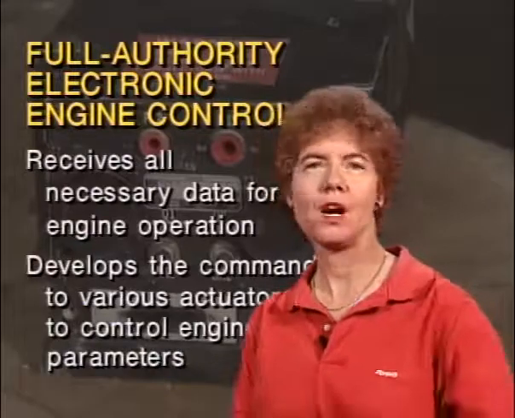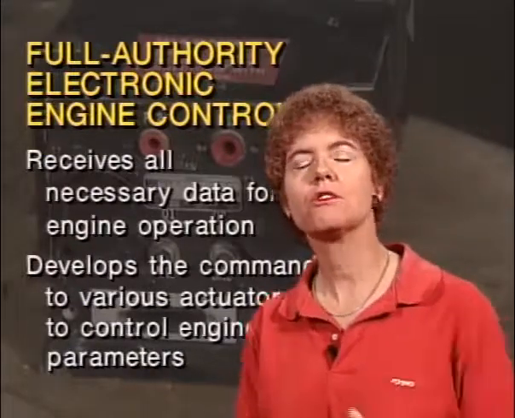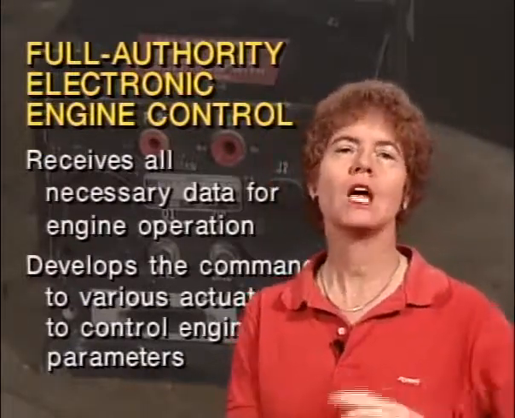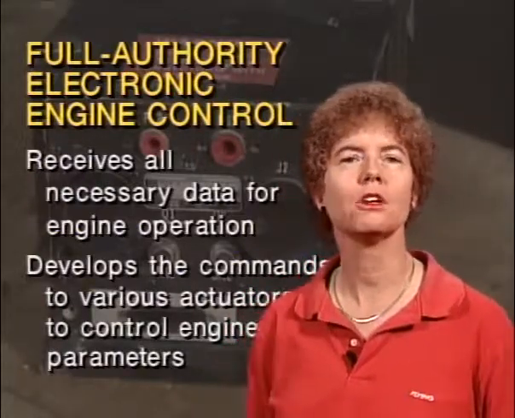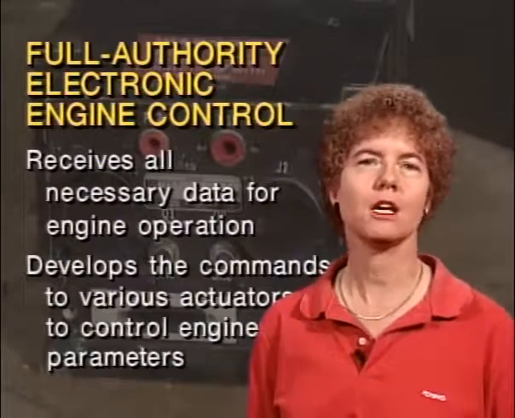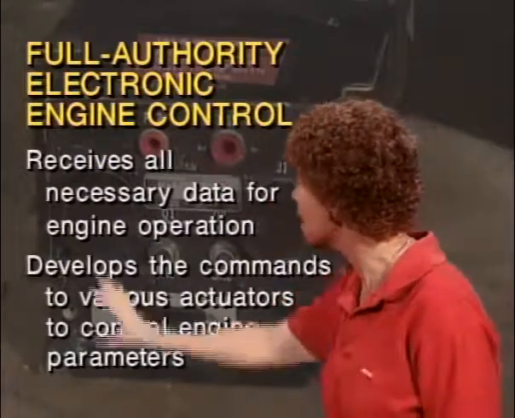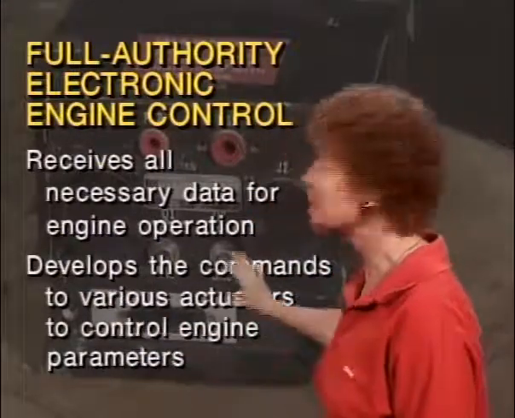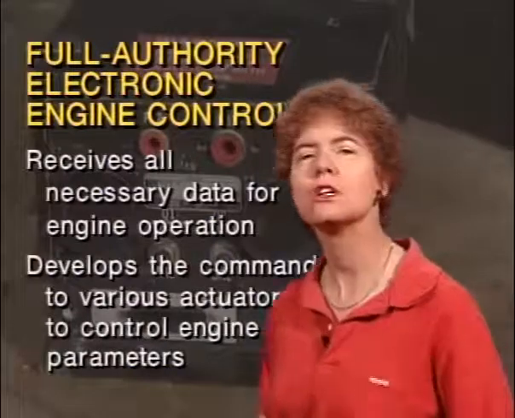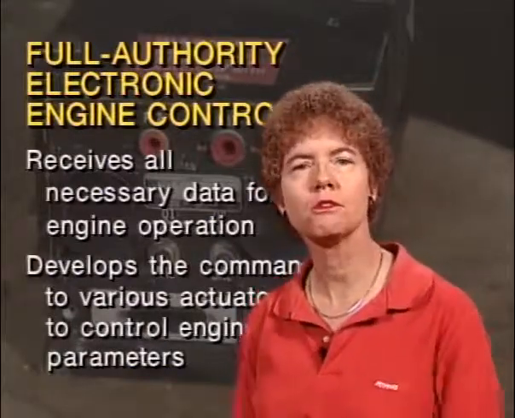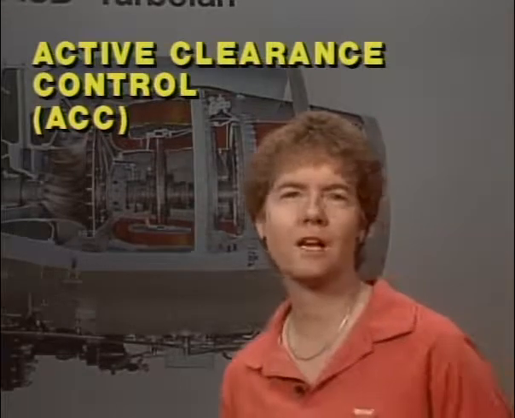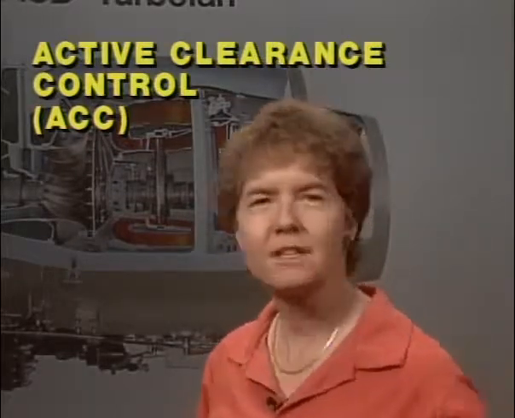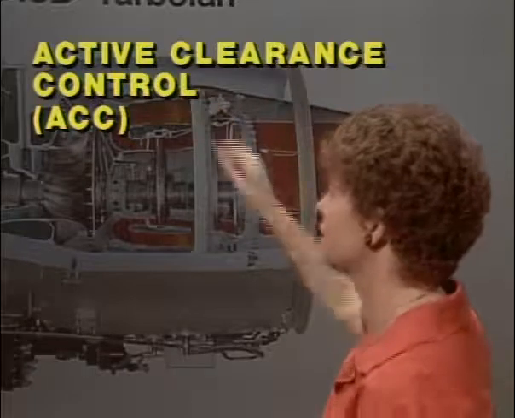The supervisory unit is basically controlling it during cruise, and engine start and shutdown is all done by the hydromechanical unit. With a full authority unit, that unit does everything for all of the different engine operations, including startup, shutdown, cruise, and so on.